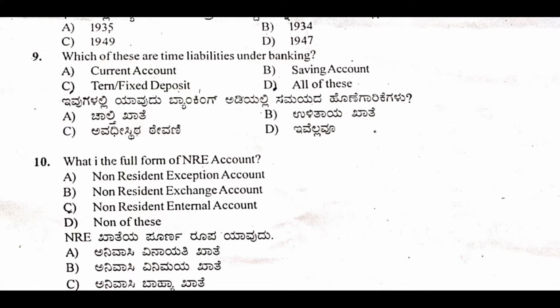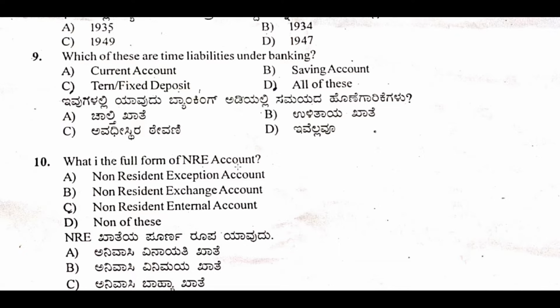For example, a bank fixed deposit for 6 months is a time liability payable only after completion of 6 months. So option C, term or fixed deposit, is the right answer. There is a spelling mistake in the option.